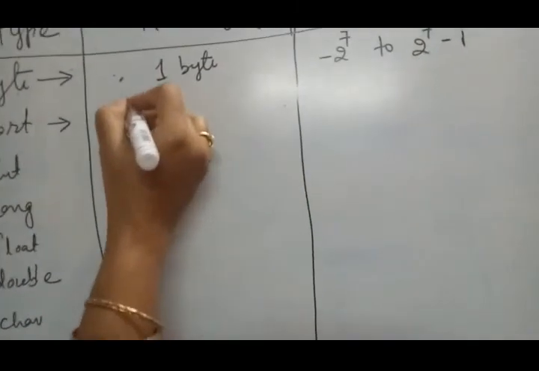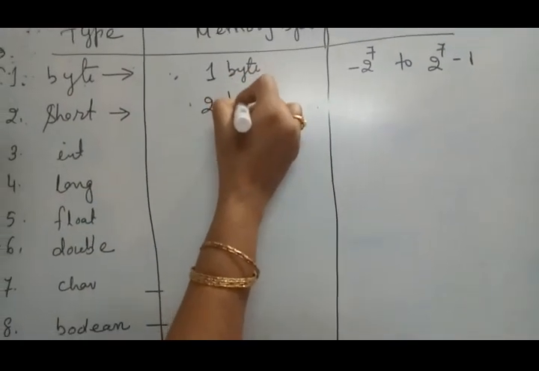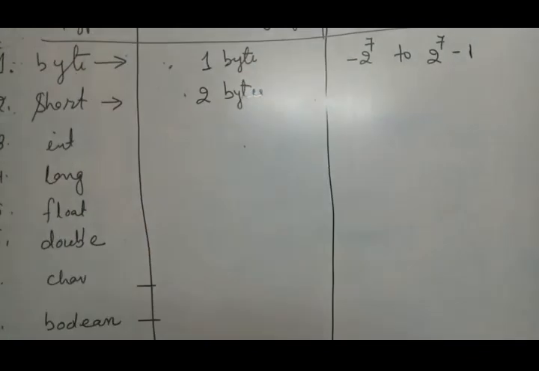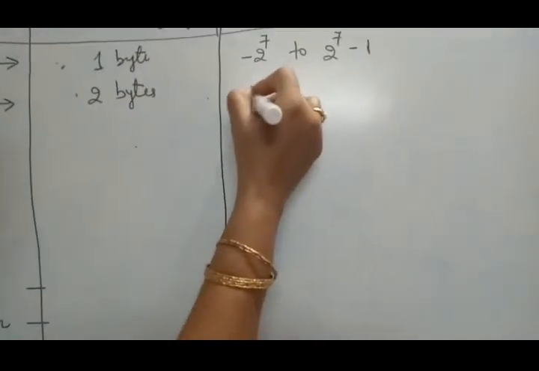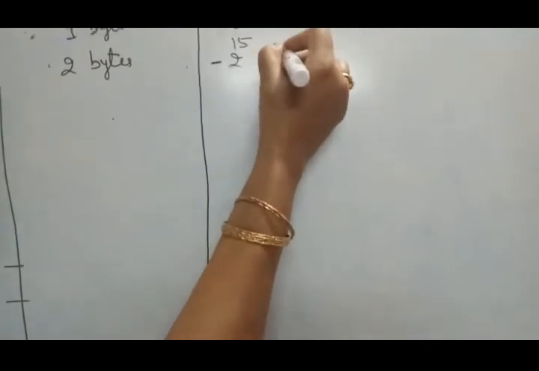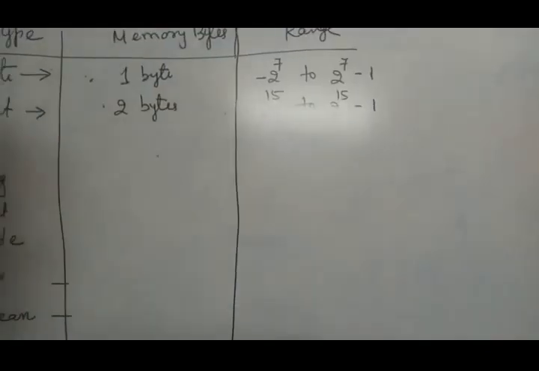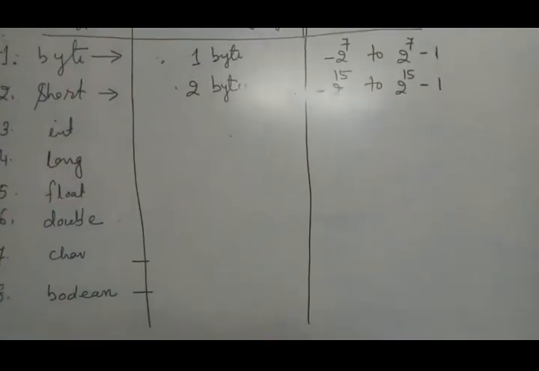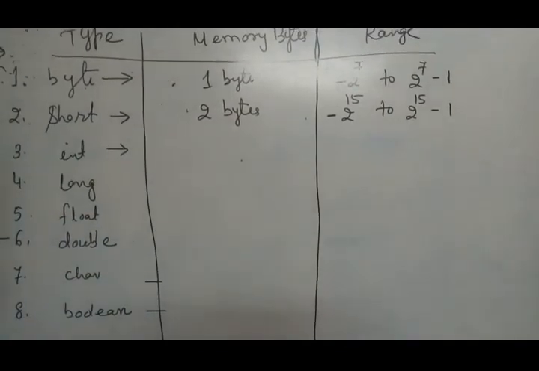It has a higher capacity than the byte data type. It needs 2 bytes in memory and its range is -2 to the power 15 to 2 to the power 15 minus 1, right? Then comes the third integer data type, int.